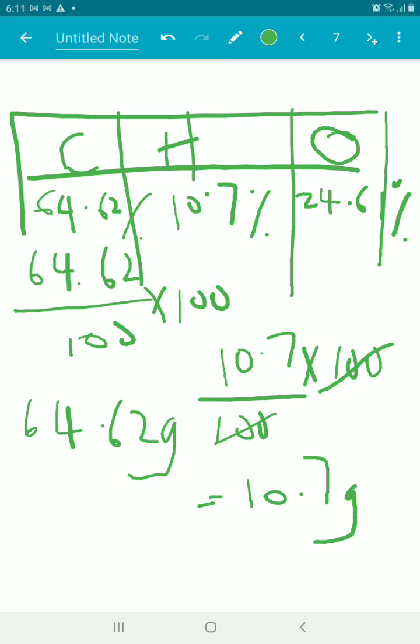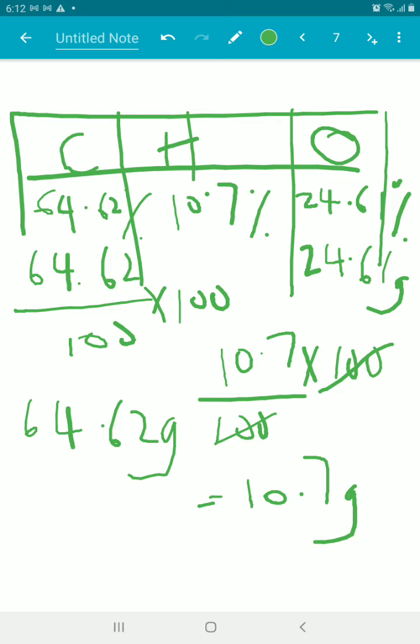And the last one, for oxygen, you do the same thing. Then at the end, the mass of oxygen is 24.61 gram. Then after you have mass in the form of gram, you proceed to the next step.